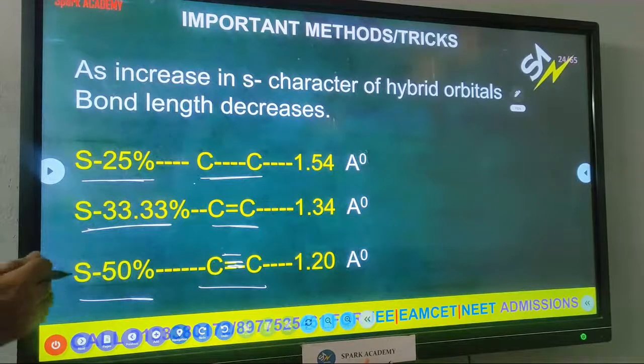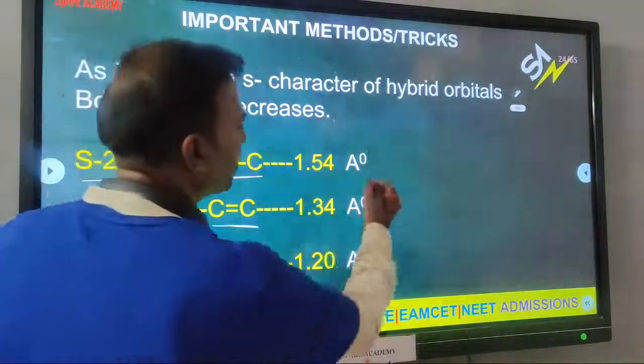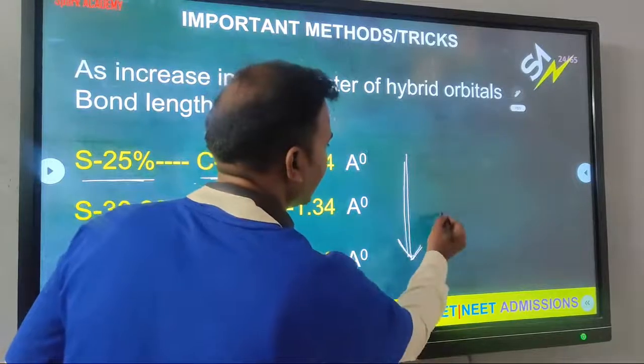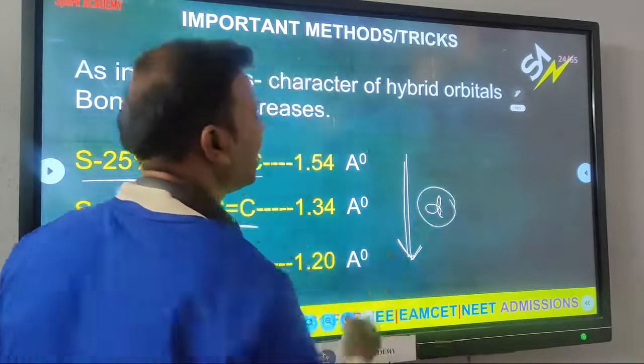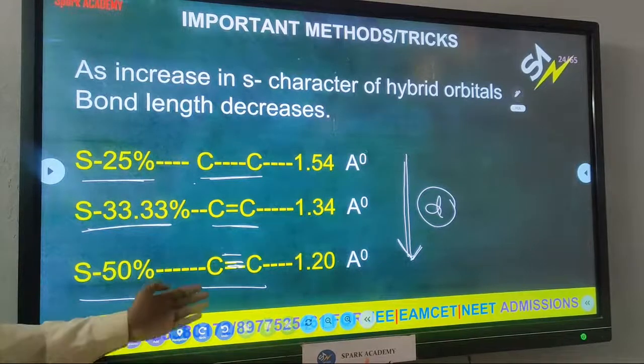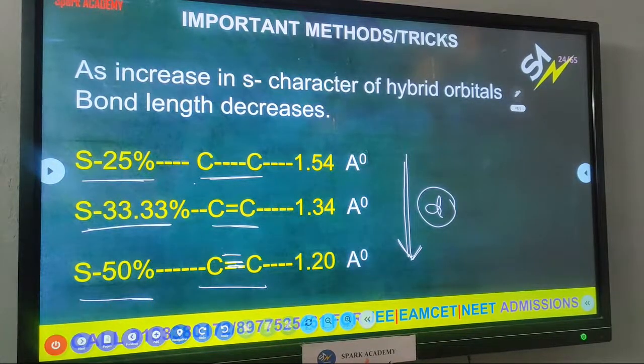what about the s character? It increases. So as s character increases, what about the bond length? Bond length decreases. So it is an application of the bond length. Here carbon-carbon s character is more, so bond length is less: 1.20 angstrom units.